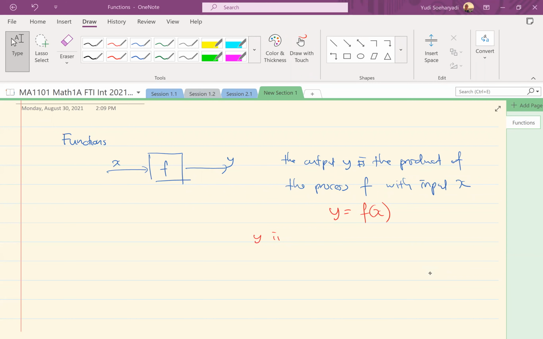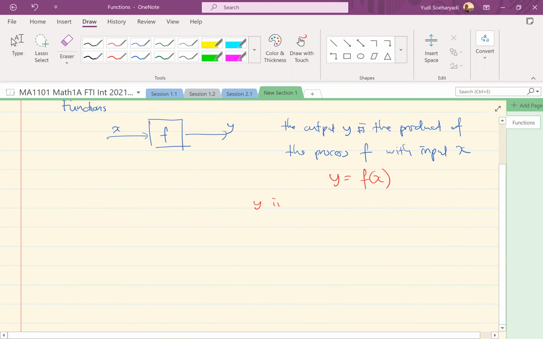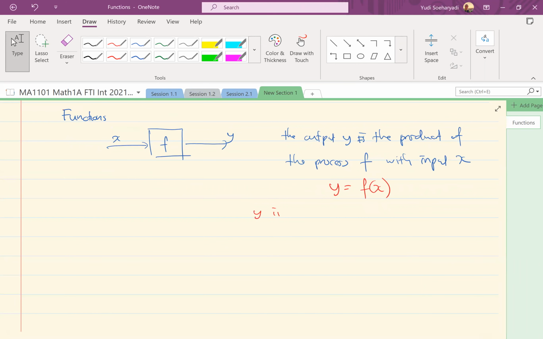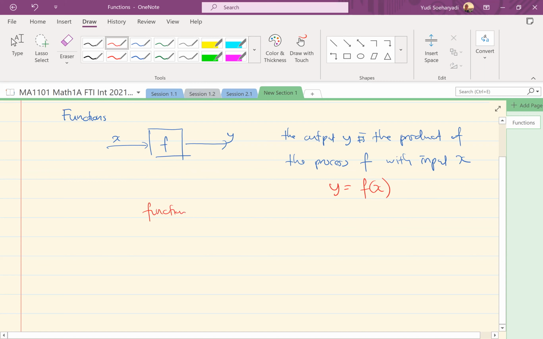Okay, so recall the function as an input-output system like this, right? All right, so if you describe what a function is, well, a function is a rule how to make y from x.